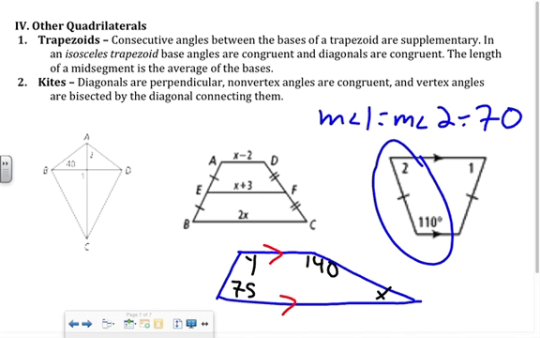How do I go about finding x and finding y? The 140 and the x are supplementary, so I know that x will be 40. Fantastic. And I know the exact same thing about the y and the 75.